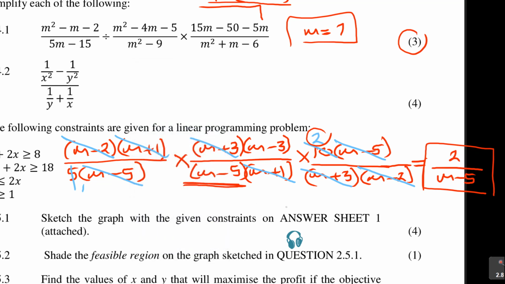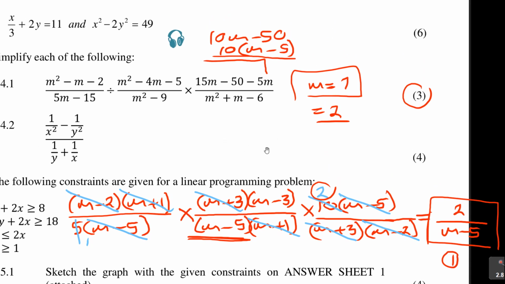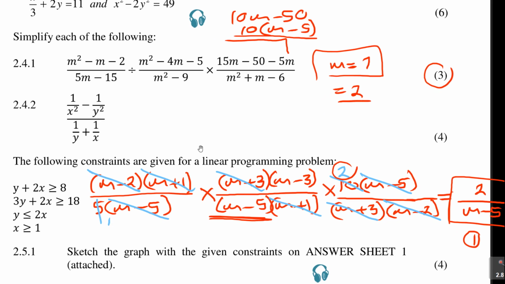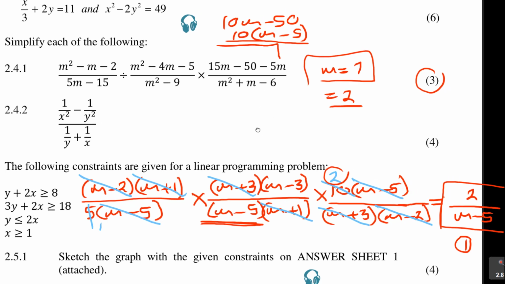So you have to find out. Here I got a 2, and then here I got a 1, meaning somewhere there is an error that I made. So let's check it again. Where is that particular error? That is where you have to check out the error that might have been made.